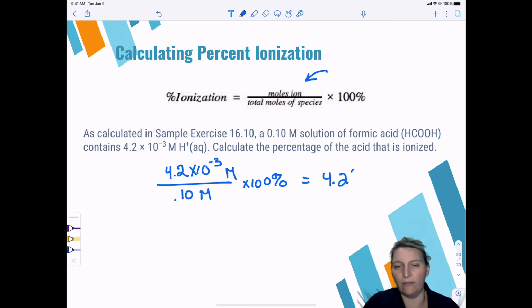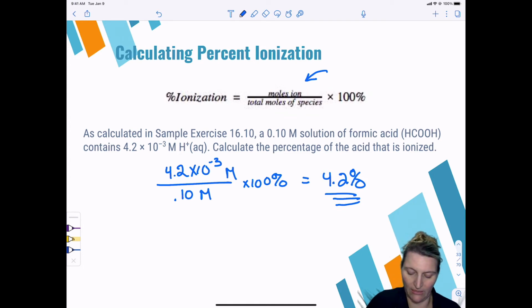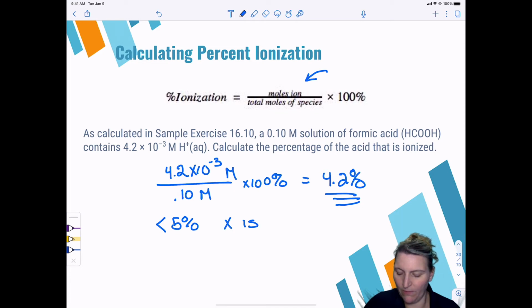And this is important. Generally, if the percent ionization is less than 5%, which in this case it is, then what I can say is the amount that it actually dissociated is negligible. So that means the X is negligible when subtracting from the acid.